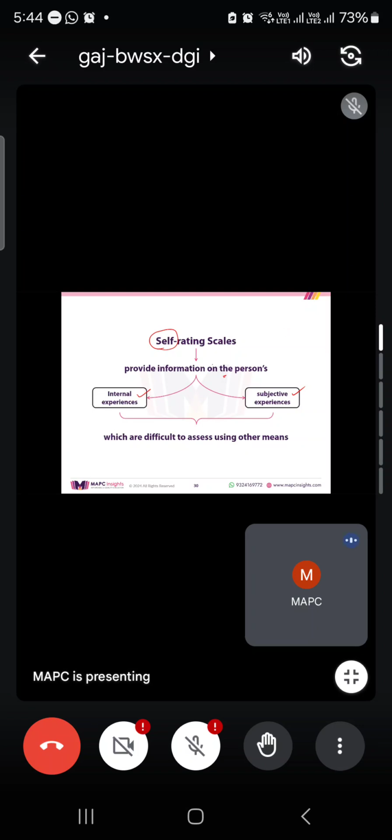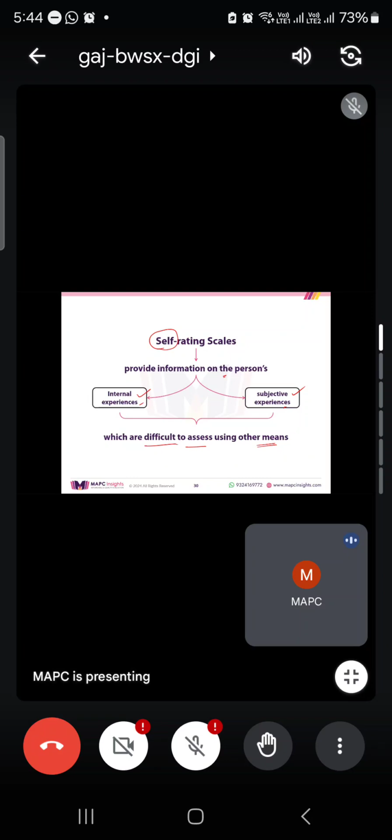So the self rating scale provides information about the internal and subjective experiences which are difficult to assess through other means. What's going on inside the brain of the person? Interview, questionnaire, everything is okay, but through that you can't go inside the person's mind.